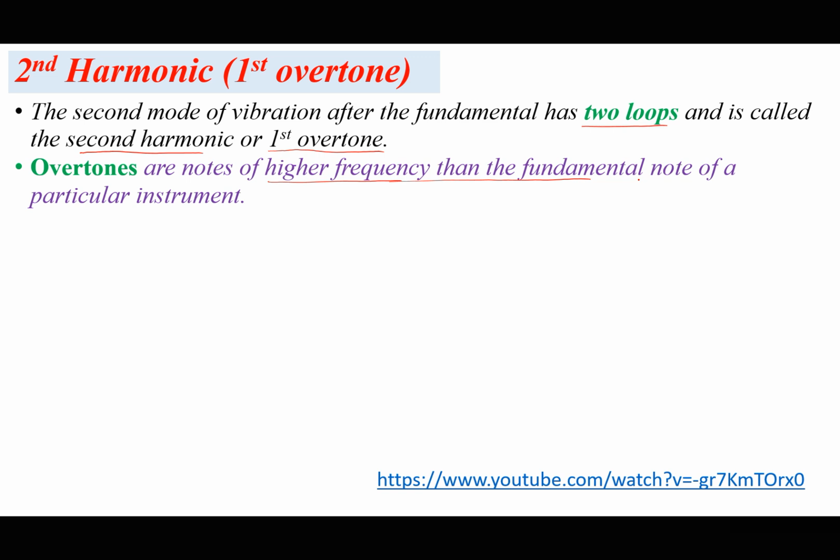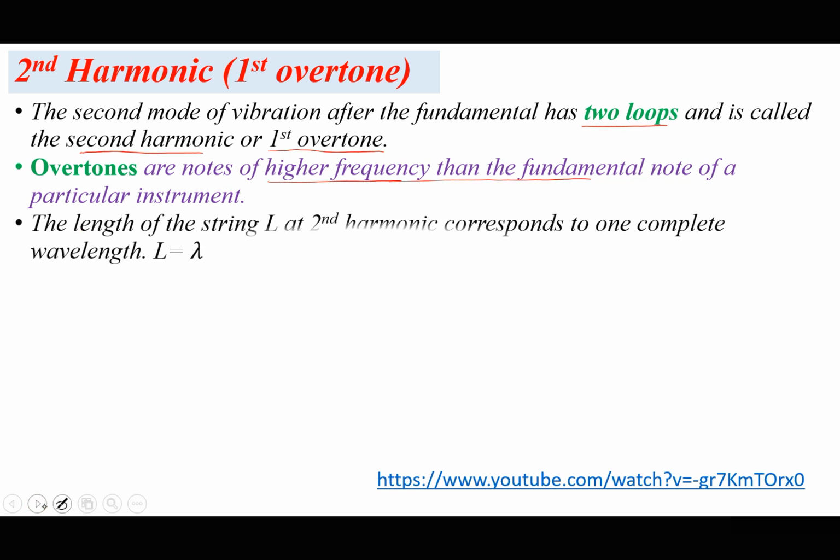Each of us has different overtones, and these different overtones can help us distinguish our voices. People with many overtones have the best voices and can sing better than people with few overtones. So overtones are notes of frequency higher than the fundamental frequency.